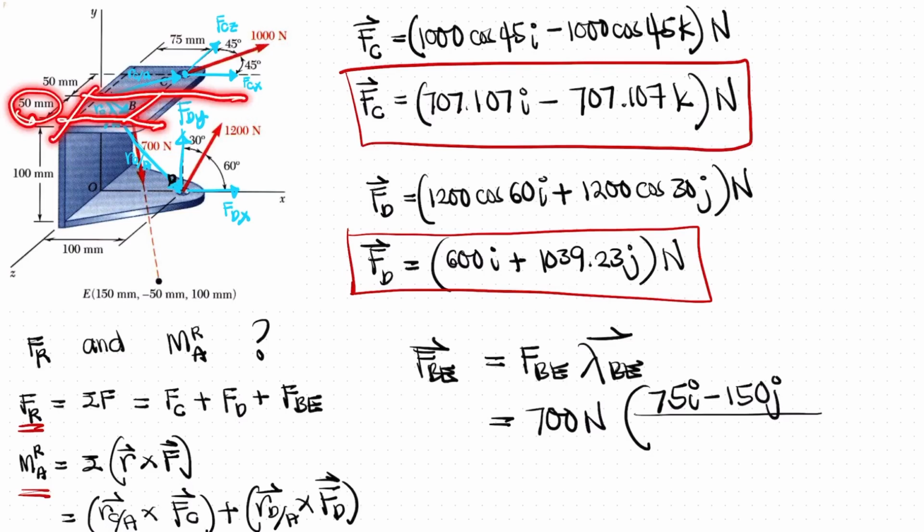So from B to E it is 100 minus 50, which is 50. The direction is towards you, so this is positive 50.